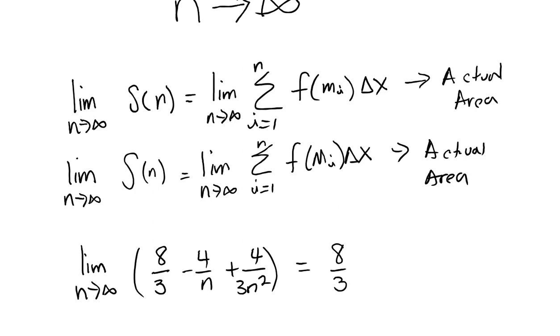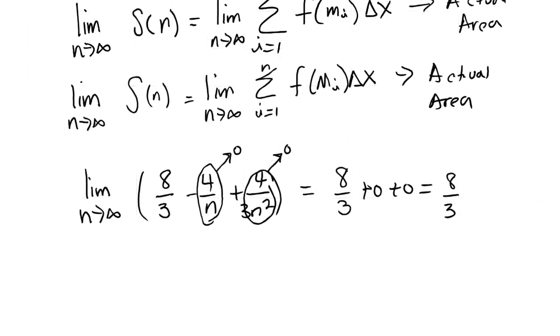On this section here, because n is going to infinity, this whole fraction is going to go to 0. That's because n is in the denominator. The same thing happens with this fraction here. Because n goes to infinity, that fraction goes to 0. So we get 8/3 plus 0 plus 0. We get 8/3 by doing the lower sum.